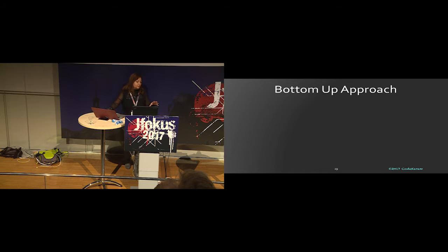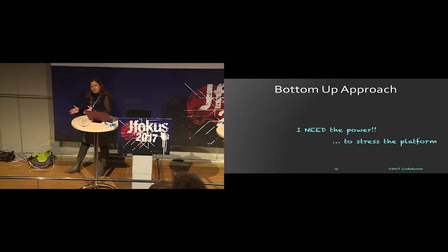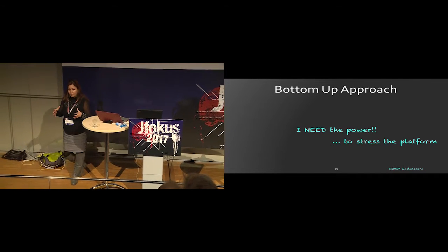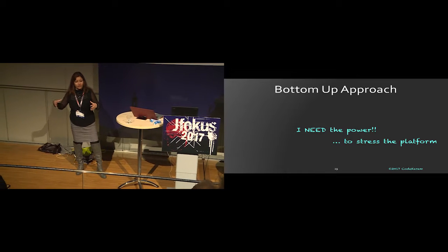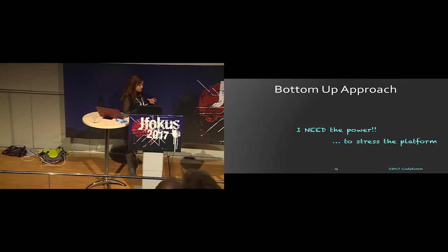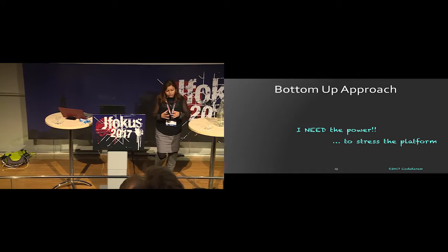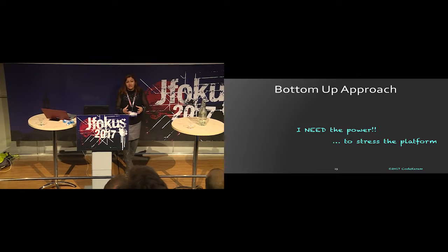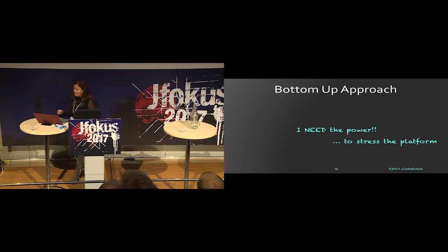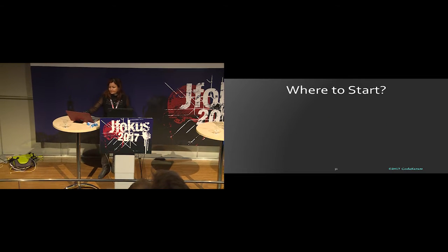So to do the bottom-up approach, you need the power to stress the platform. So you know what you want, but you don't have it, so you're going to build up to getting there, right? So I want to stress the platform. The basic thing is that because I want to make sure that I'm doing an improvement to my platform, I want to stress that improvement, okay? So that's how you set up for benchmarking.